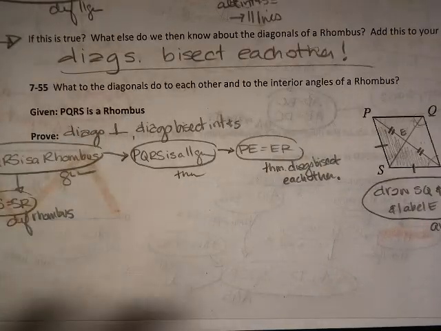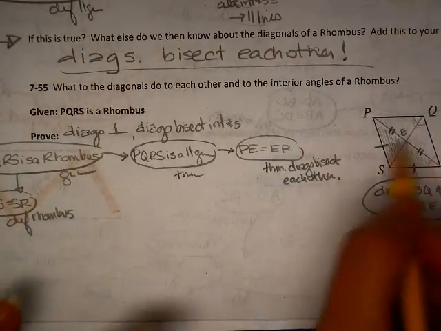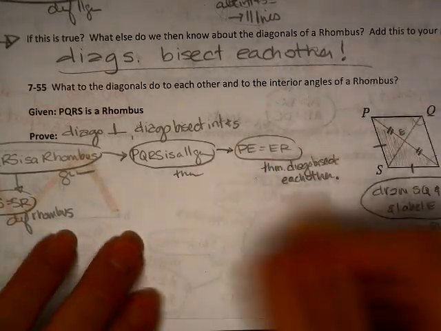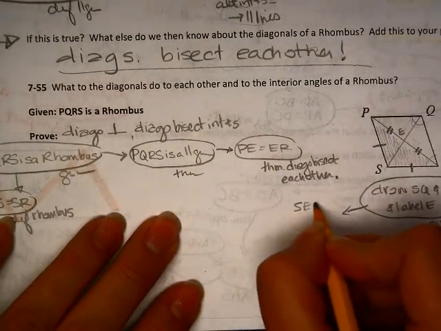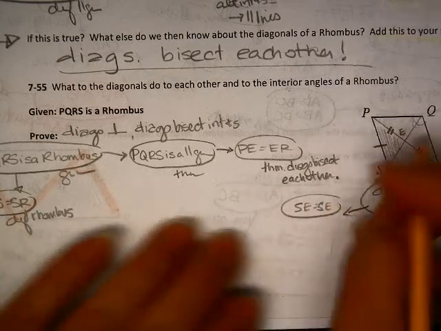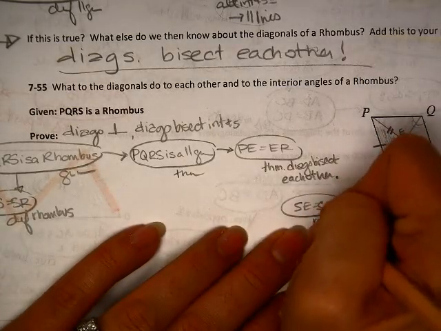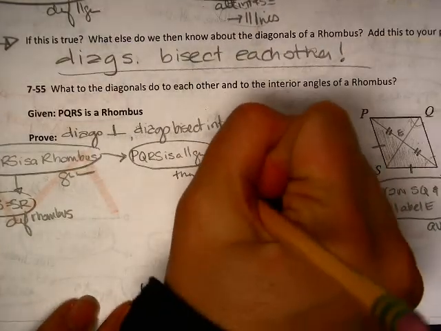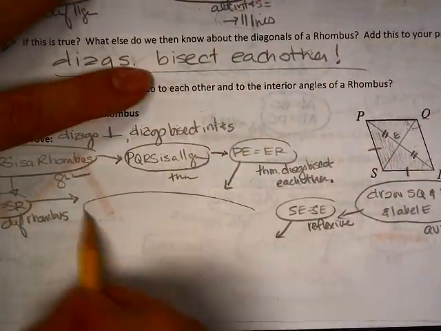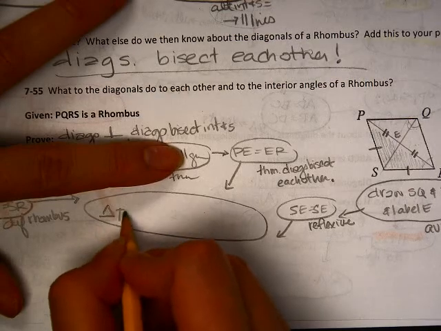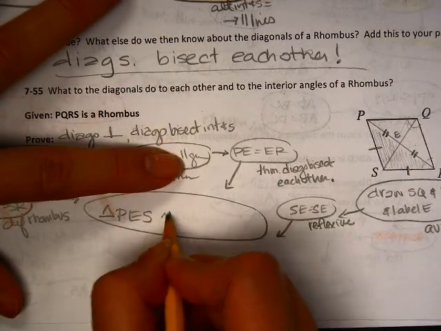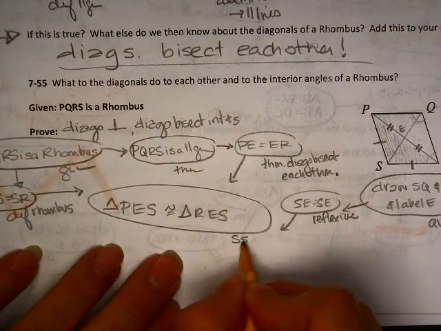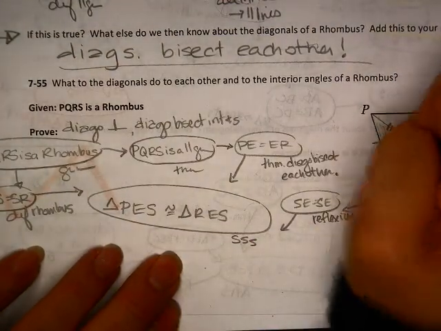Okay, so I've got those, and then look, to prove these two triangles congruent, I'm done. SE equals SE, and I'm going to say reflexive. That is enough. I'm going to have triangle PES congruent to triangle RES, and SSS will be my reason.